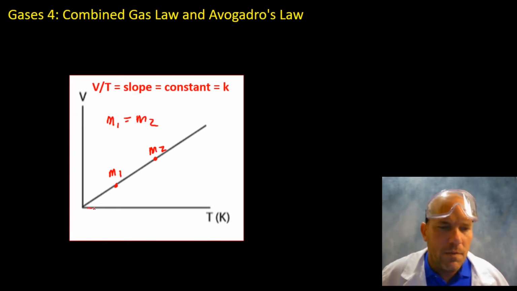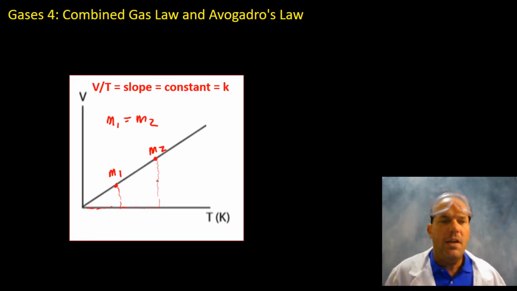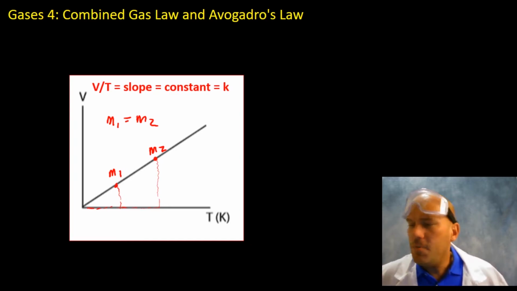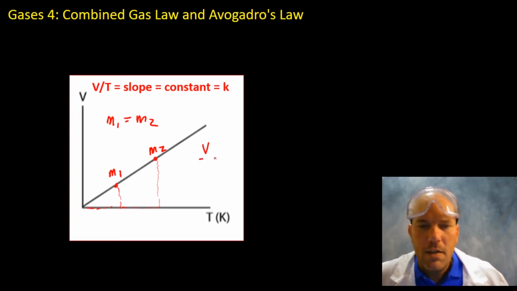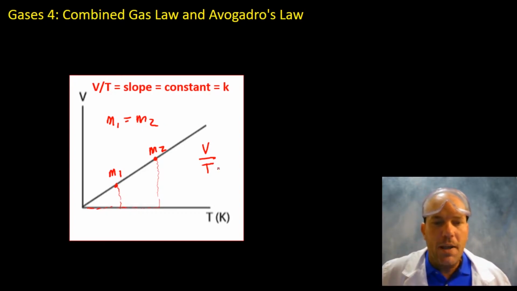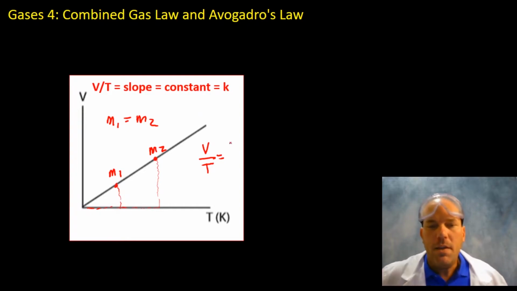In other words, if you look at the slope, rise over run, change in y over change in x, we have volume on the y and temperature on the x. That is why this is equal to slope, okay?